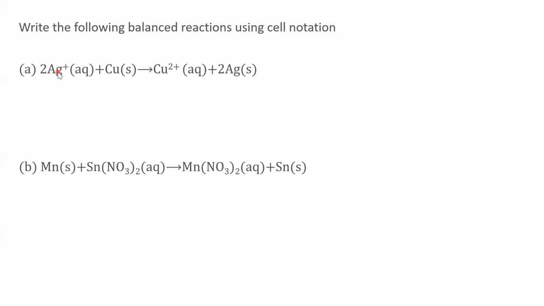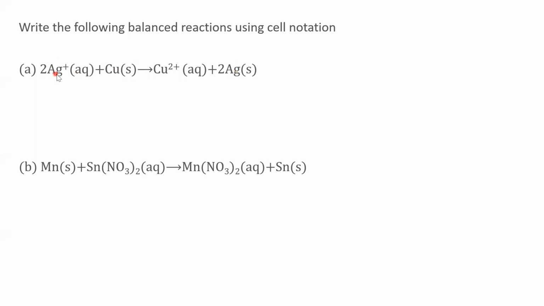Silver ions or copper atoms, which are being oxidized? Which one has the oxidation number going up? Silver ions or copper atoms? Silver ions. Silver ions are going from a +1 on the reactant side to a 0 on the product side.